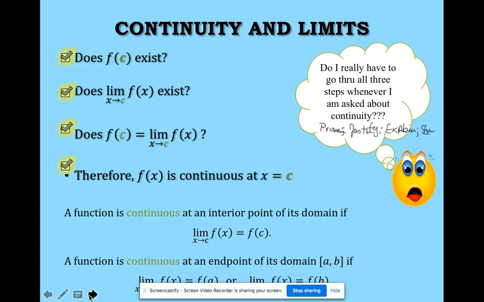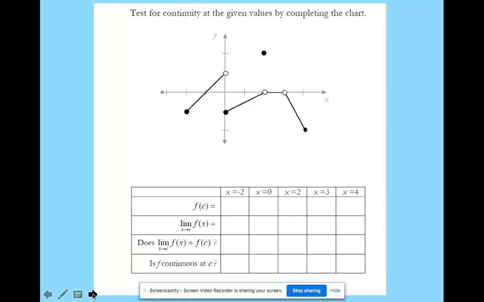So please do show your work when you are asked. And how you are asked is, in this type of problem, prove, justify, explain, show. You don't need to copy all of this down if you don't want to, because it's fairly self-explanatory, and at no time on a test would we lay it out exactly like this for you. But this is to just highlight the steps that you need to show.